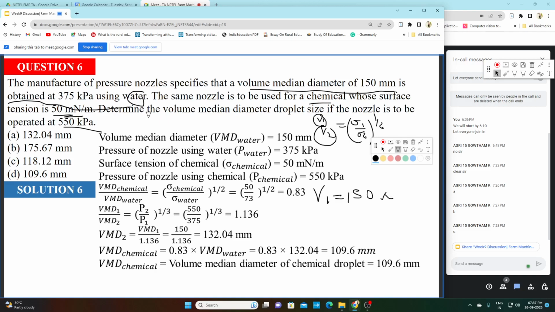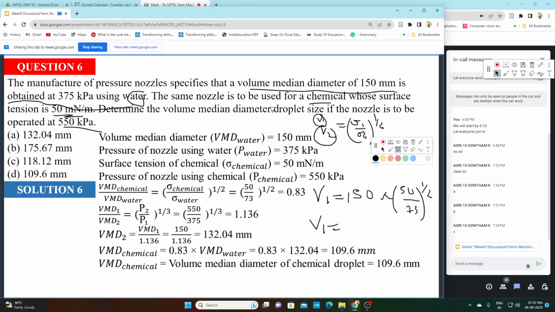Sigma 1 is for chemical, that is 50 millinewton per meter, and we know that the surface tension of water is 73 millinewton per meter, or 73 dynes per centimeter. So if we do this, we can get our VMD of the chemical, or V1, that is 150 into (50 by 73) to the power half. So by this we can get the VMD of the chemical.